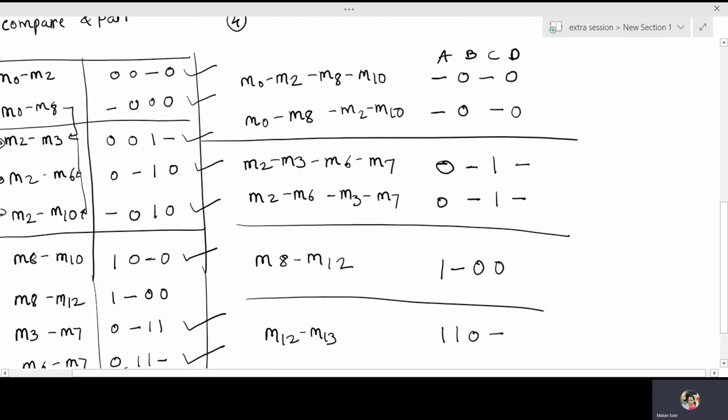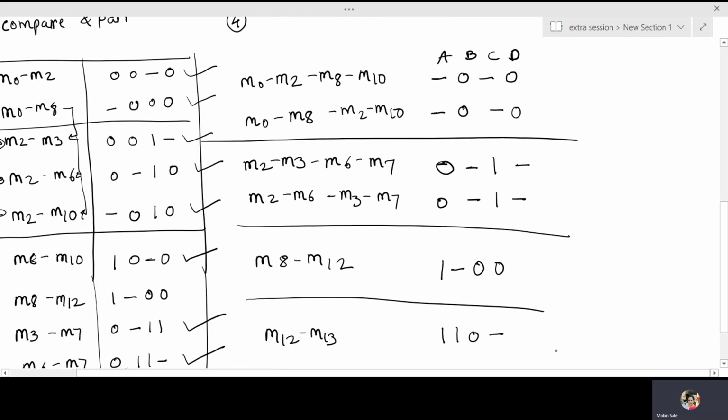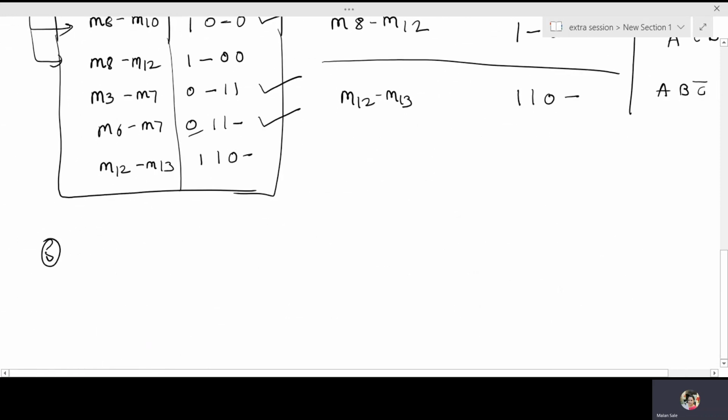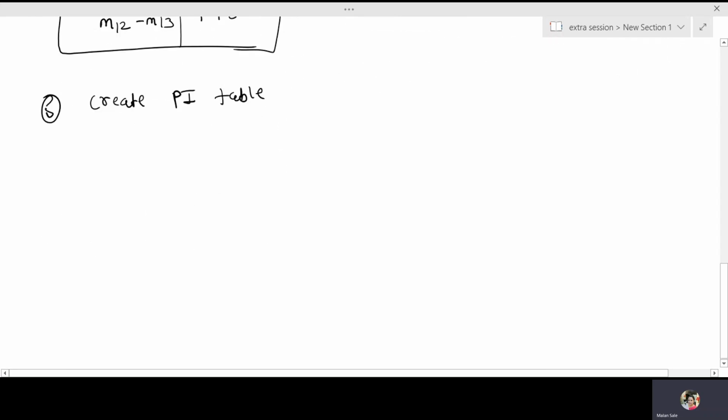Now find out the prime implicants. The prime implicants will be B bar D bar, A bar C, A C bar D bar and A B C bar. After finding the prime implicants, my next step is to create the prime implicant table.